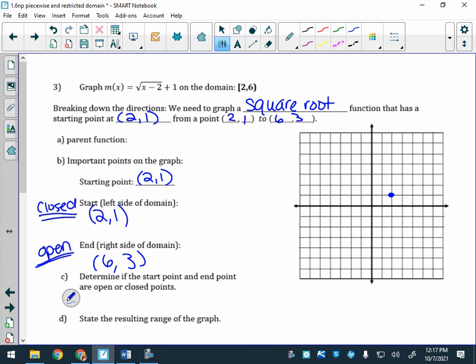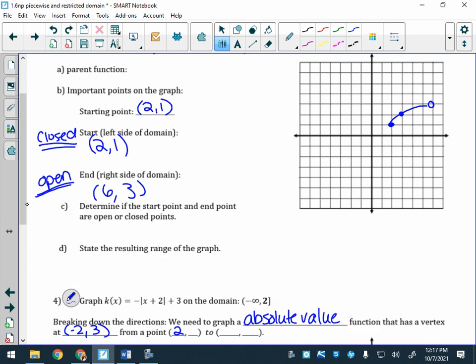So 2, 3, 4, 5, 6 is open. I know there's another point to continue, just knowing the trend of the graph. That's all we're seeing, not the arrow in another direction. We're looking at the piece.